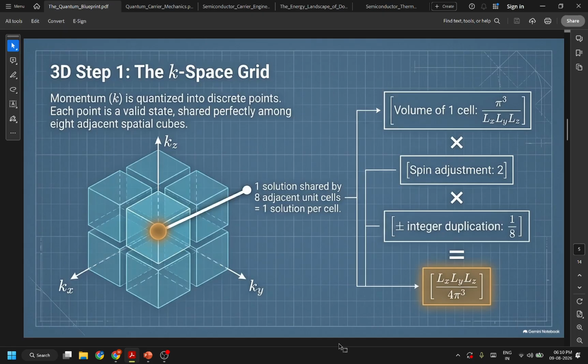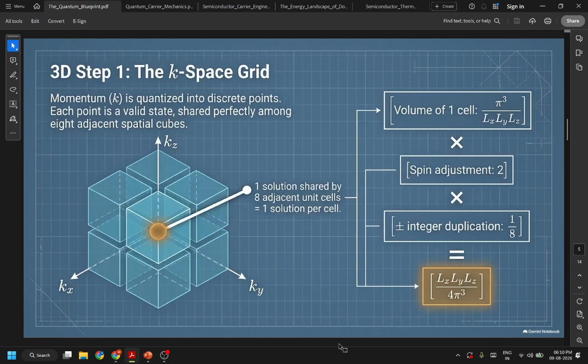First we start with the K-space grid. The momentum is quantized into discrete points. Each point is a valid state shared perfectly among 8 adjacent spatial cubes. The volume of one cell in K-space is pi cubed by Lx Ly Lz.